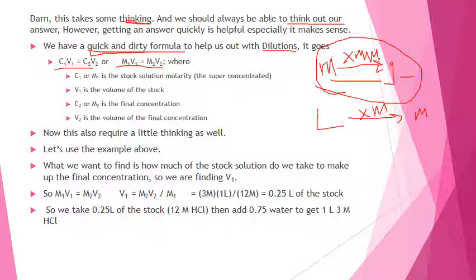M1 V1 equals M2 V2, or C1 V1 equals C2 V2. C stands for concentration, M stands for molarity. Molarity is a type of concentration, so we can use either C or M. Since we're dealing specifically with molarity, you can just use M. M1 is your stock solution or your super concentrate, the 12 molar in this case.